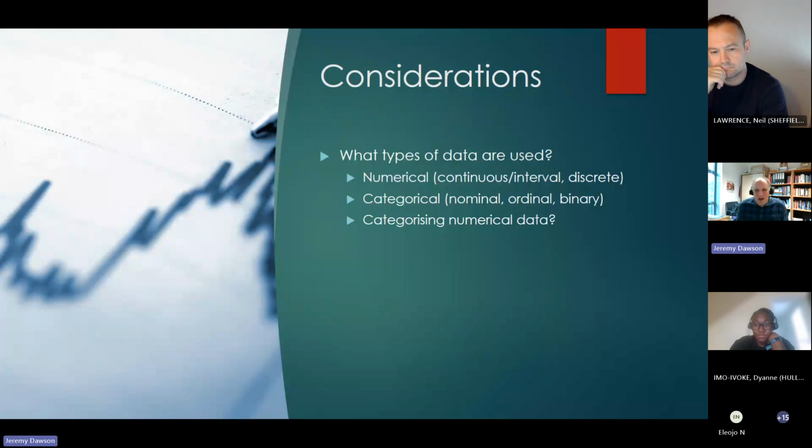And these would generally be slightly more complex methods than what we can do with numerical data, although there is an exception to that, and that is where we have binary data. Binary data being that which is just falling into two different categories, for example, yes and no. Binary data is different because it allows us to do more with it.